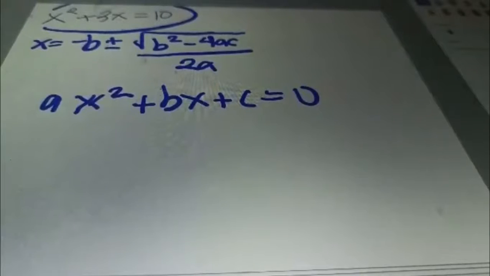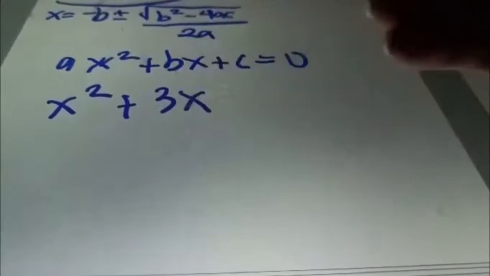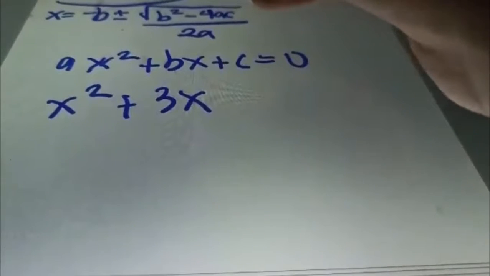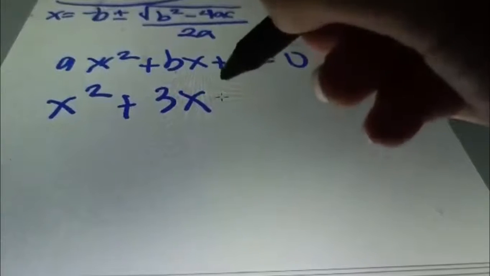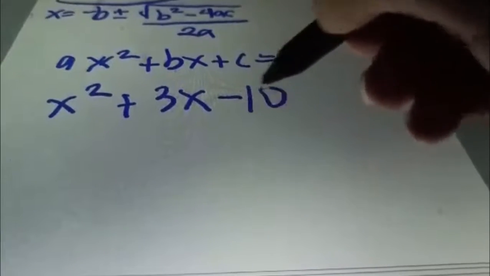So now we're going to change that into standard form. So x squared plus 3x, yung value ng c is yung 10. So yung 10, tatranspose lang natin papunta dito sa side na to. Positive siya kanina, so now magiging negative siya.